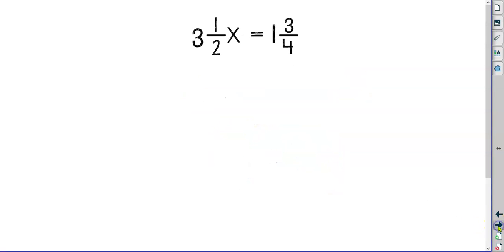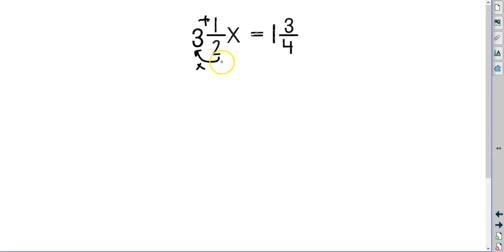Alright, let's take a look at a problem that has a mixed number as a coefficient. Unfortunately, you cannot do any multiplying or dividing by a mixed number. You can only have proper fractions or improper fractions, but no mixed numbers. So what we need to do here is rename this value. We do that by multiplying the denominator by the unit and then adding the numerator.